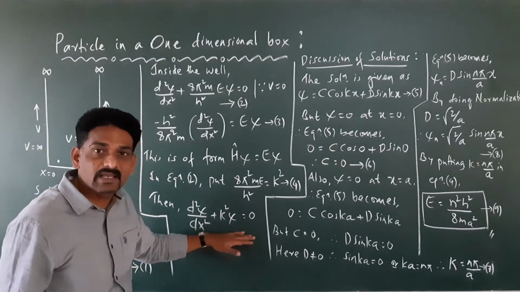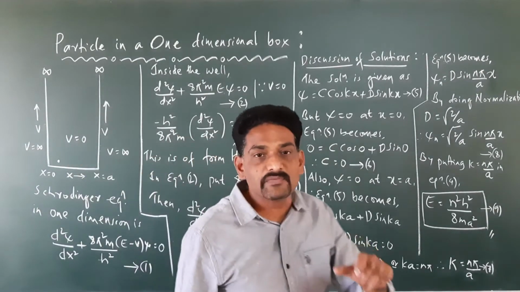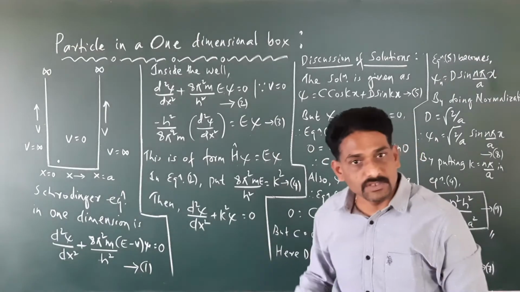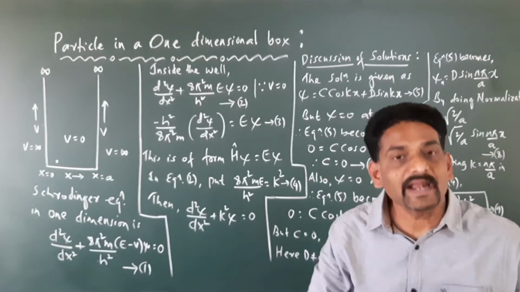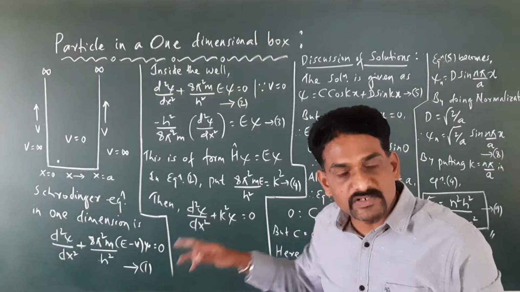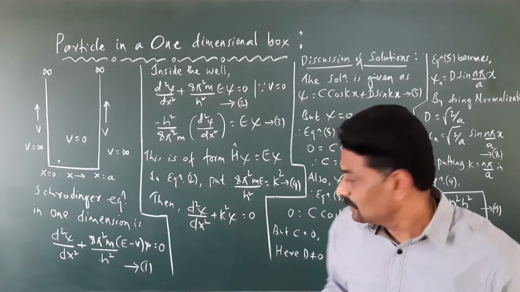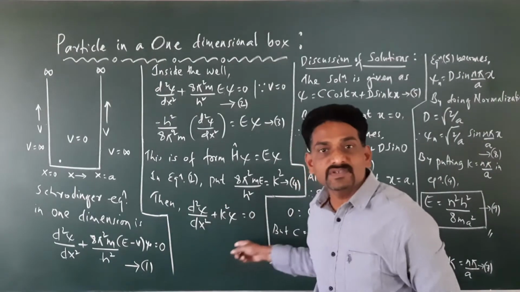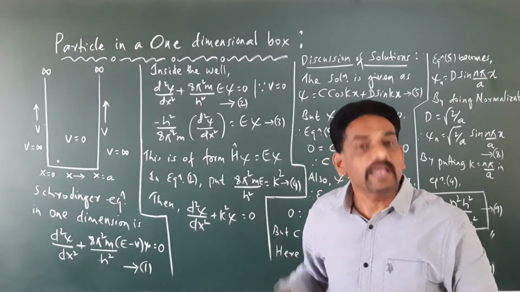Now if you observe this equation, d square psi by dx square plus k square psi equals to 0, this is basically a second order differential equation. Right? This second order differential equation has got a standard solution. So now we try to find out the solution of this second order differential equation.